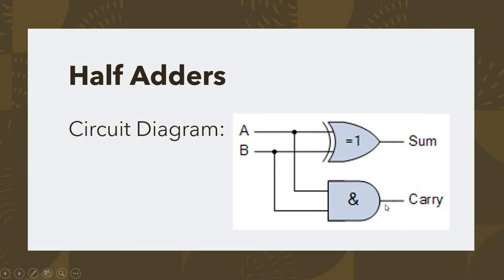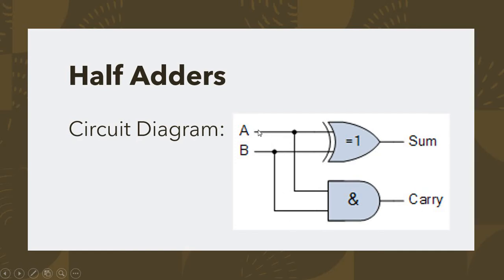Say for example your input A is equal to 0 and B is equal to 1. The result is the sum is equal to 1, and the carry will be 0. If you put here A is 1 and B is 0, then the sum is 1 and the carry is 0.